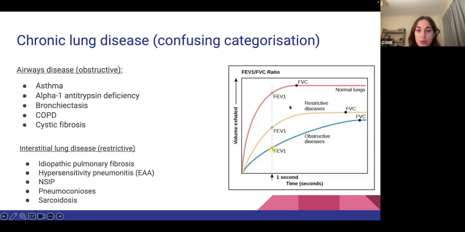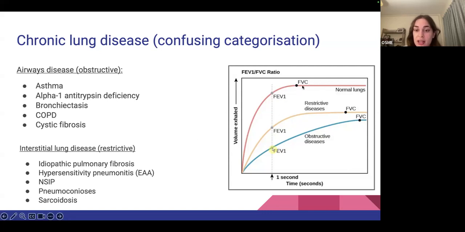In terms of what obstructive versus restrictive lung diseases are, I found it quite confusing in fourth year, particularly at the point you guys are at. So I'll try and hopefully make it make a little bit more sense. When you do spirometry, there are two measurements that are obtained. There's the FEV1, which is the forced expiratory volume in 1 second. So when they expire, how much volume comes out in 1 second.